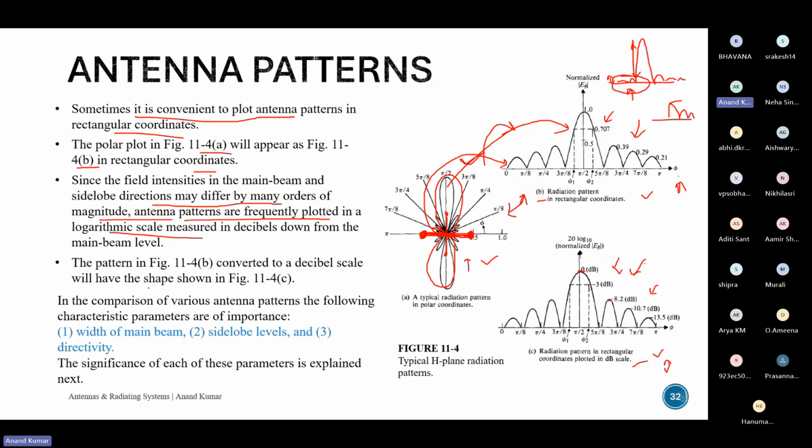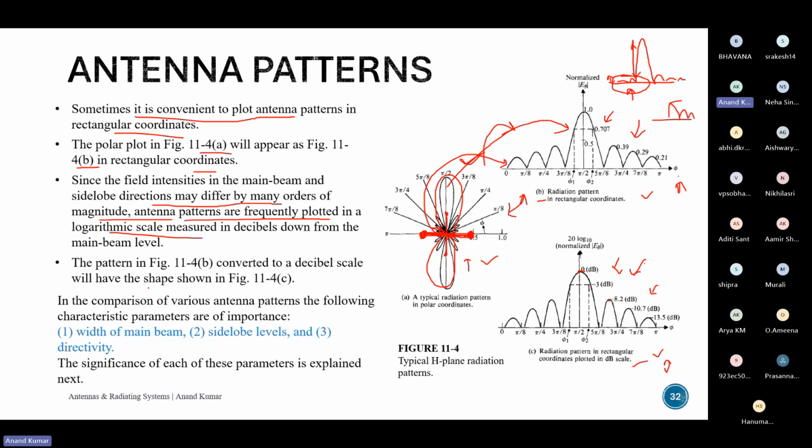We can figure out in which direction we have the main lobe, or where we have the minor lobes, but we have not yet quantified anything, like how wide is the main beam, how high are the side lobes, how much power is being lost in the side lobes, how directive it is, how much gain you are getting, the efficiency. These quantified values we have not yet looked at.